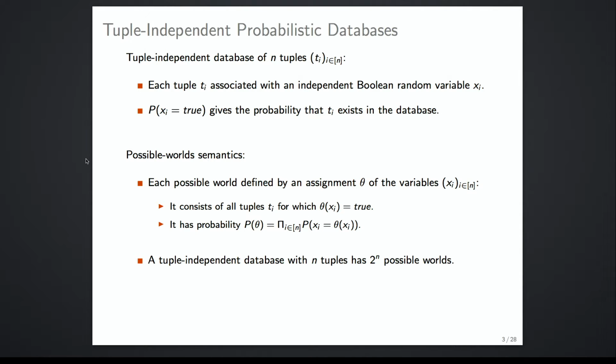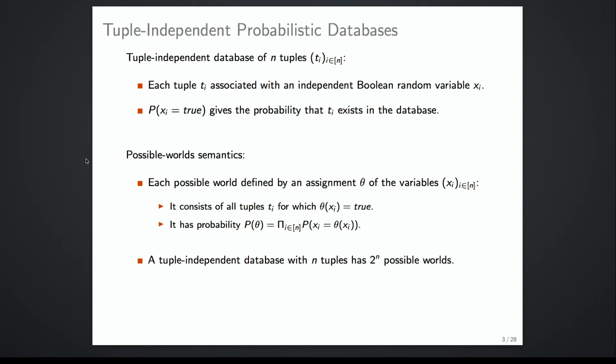So what we'd like to do, if at all possible, when given the query, is to try to evaluate this query on top of this probabilistic database in a time which is polynomial only in the representation. In this representation as a database with the probabilities. Right? And not in its expansion in the set of possible worlds, because this is exponential. Okay, so that's essentially what I want to say here.